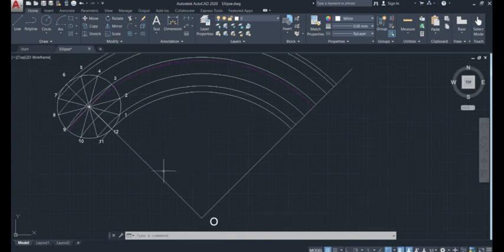For that we have already taken the included angle here as 90 degree, so we just need to divide the angle into 12 equal parts. 90 divided by 12 gives 7.5, so we have to divide with an included angle of 7.5 degree like this.